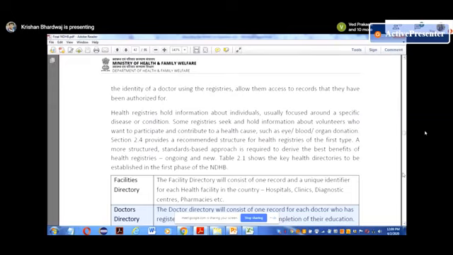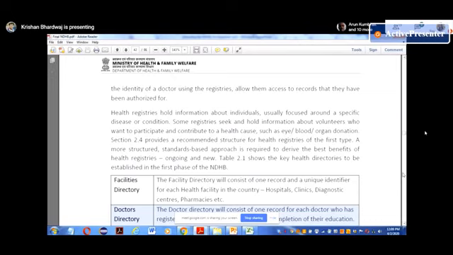Similarly, if there is a care provider registry, today there is the MCI, the Delhi Medical Council, and a different Karnataka Medical Council. They are registering their doctors in their respective databases. If the government makes a provision that all care practitioners have to be registered before they are allowed to practice, then it becomes a registry.